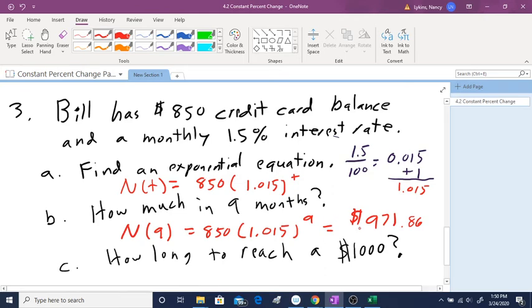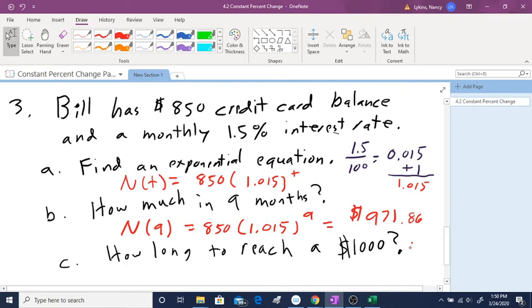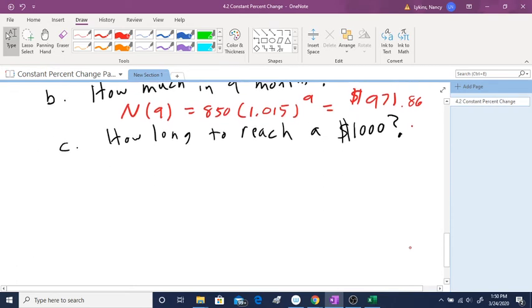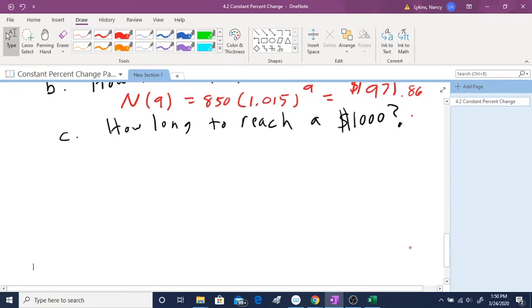Now the last one, I'm going to show you how to do this on the calculator. It means what happens when it reaches $1,000. That means if we don't pay any kind of minimum, how long will it take to get up to $1,000? Well, on our calculator, we have the y equals at the top left part of your calculator.